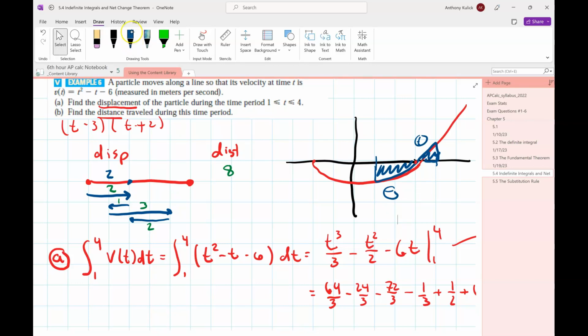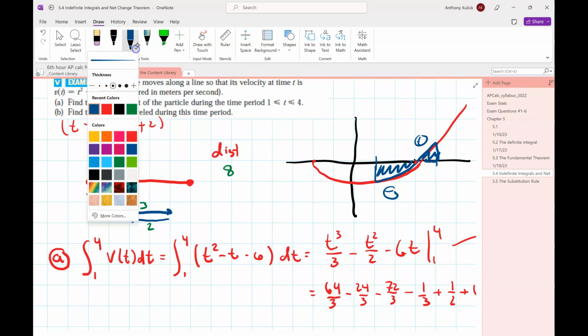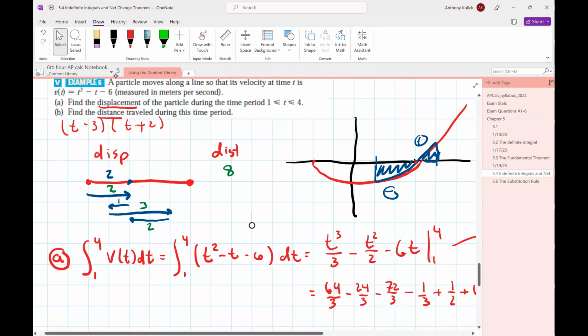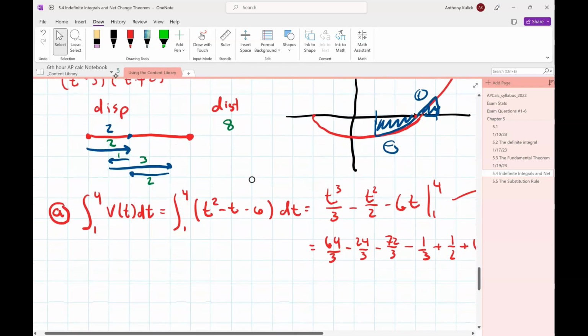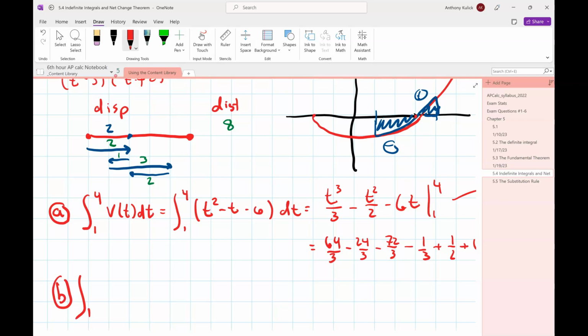What does that mean mathematically? How can I shift that part of my function that's below the x-axis to being above the x-axis? The absolute value. Yeah, so what we're going to be doing in part B is the integral of the absolute value of v of t.